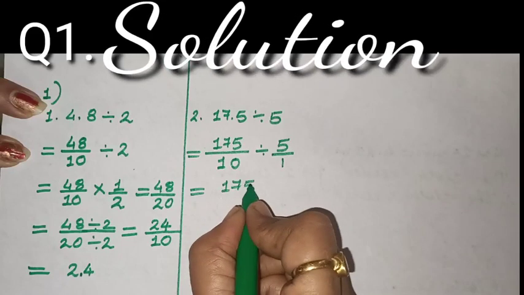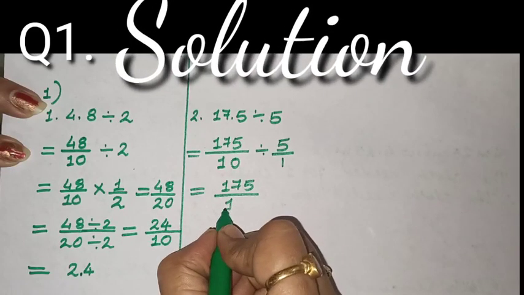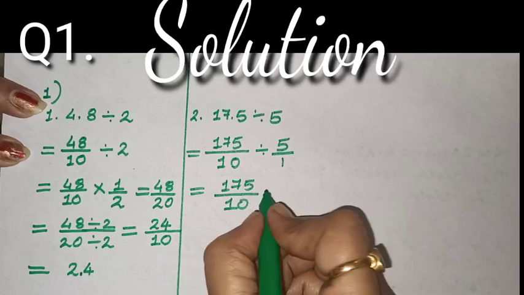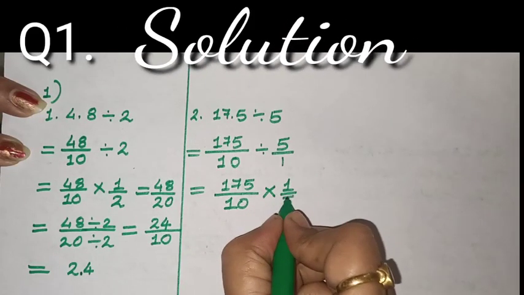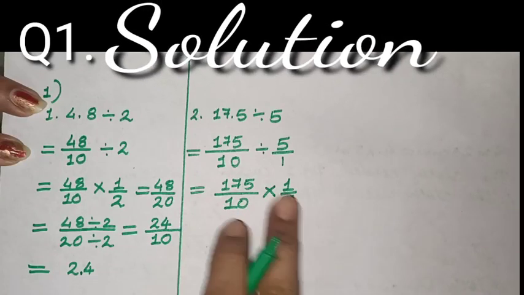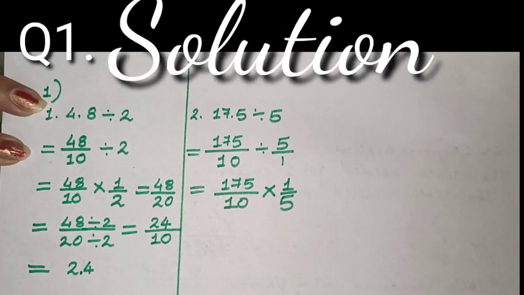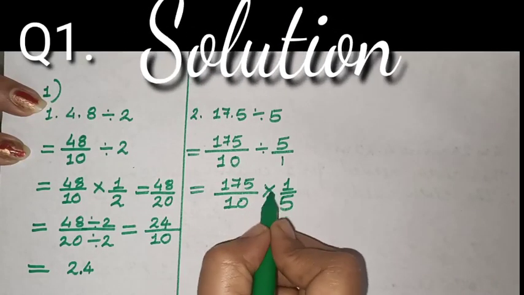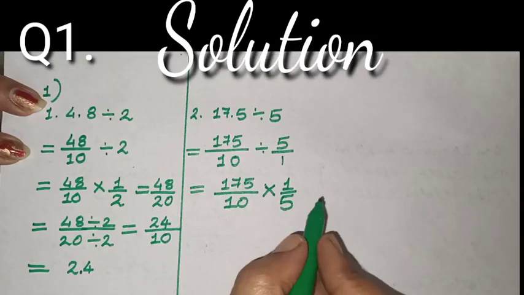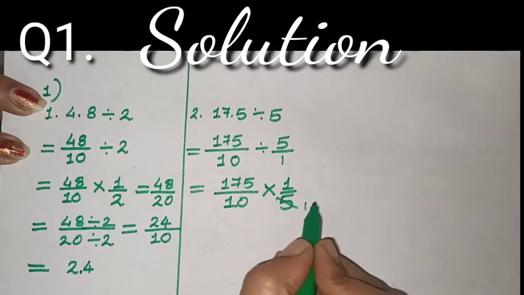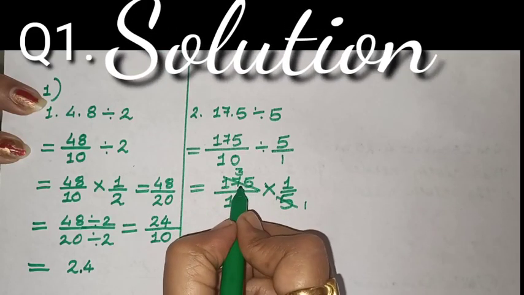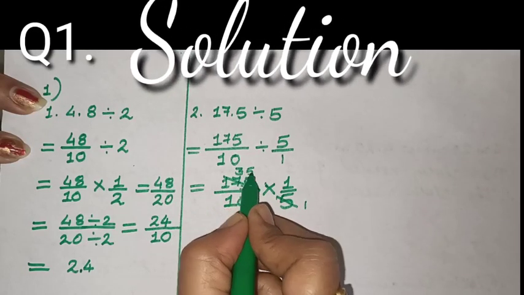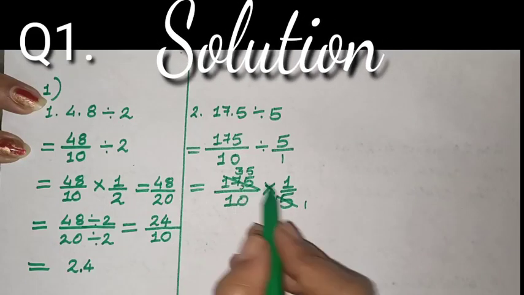So we'll reciprocal 5. This will be 175 upon 10. It will become multiply, reciprocal 1 upon 5. We can also divide it from here directly because the multiplication sign is there. We can divide it. 5 ones are 5. 5 threes are 15. 5 fives are 25. Okay. So here is 35.